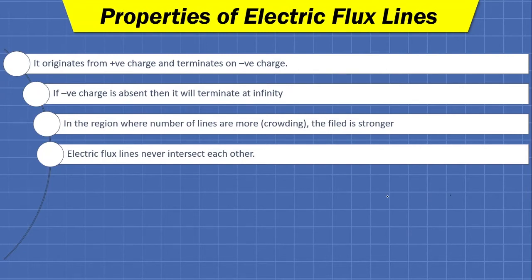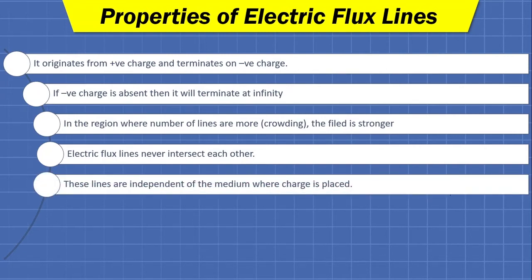It is also a very important property of flux. These lines are independent of the medium where the charge is placed. Now, if you remember the formula that we derived for electric field intensity, the electric field intensity due to a point charge was K into Q upon distance square, and the direction was in the distance unit vector, where K is nothing but 1 upon 4 pi epsilon naught.